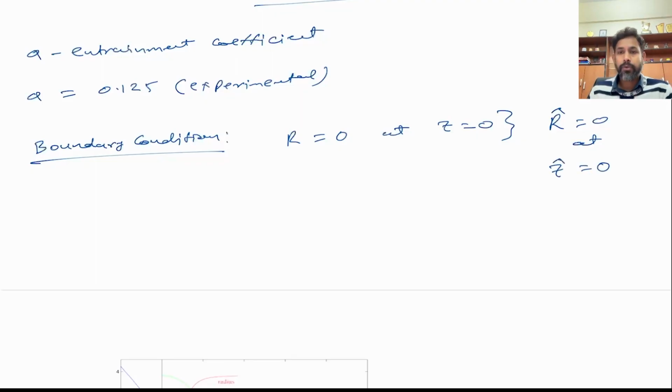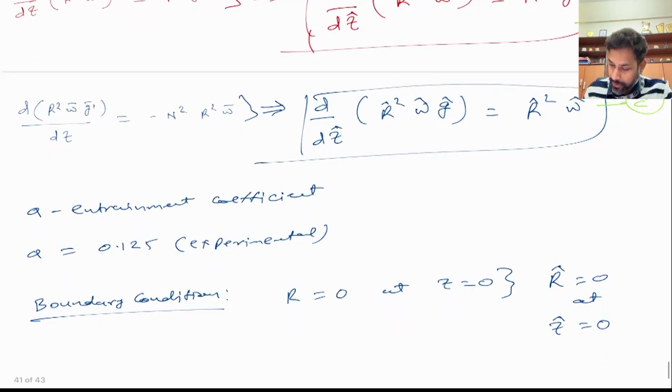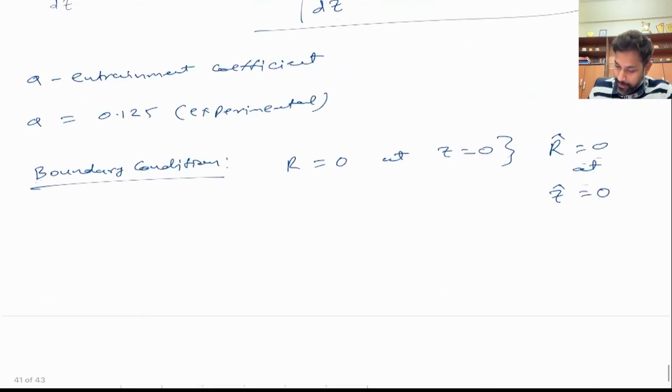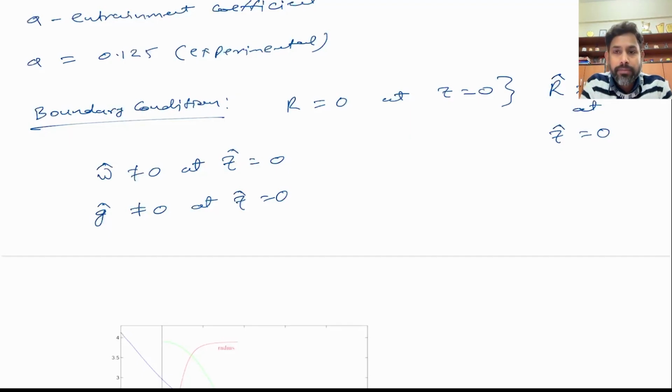So this is one of the boundary conditions we have, and for the rest of them, G hat and W hat, W hat is not 0 at Z equal to 0, and also G hat is not 0 at Z hat equal to 0. So we don't know the values of W hat and G hat, we only know the value of R hat. So we have three equations, but we only have one known boundary condition, right?